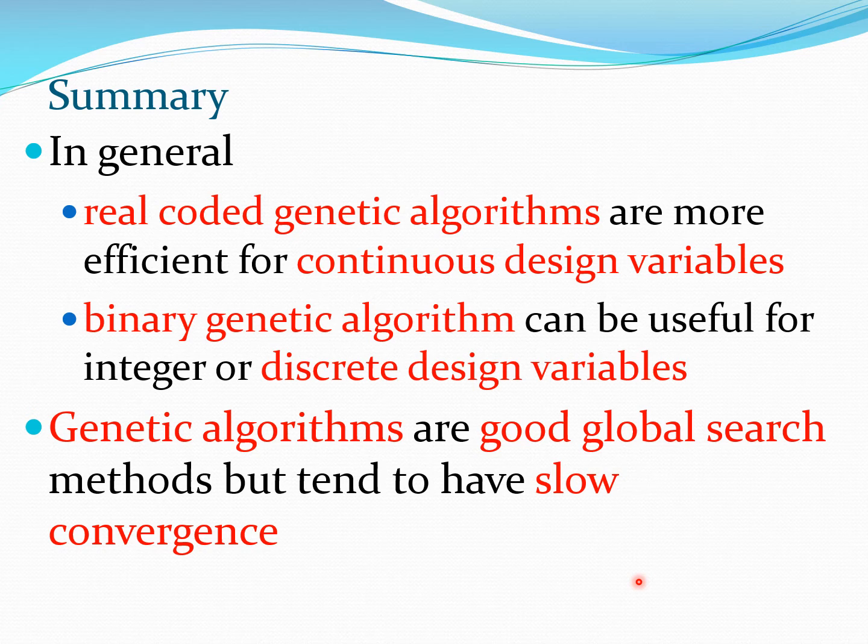Genetic algorithms are good search methods if you want to find a global solution, but one of the problems is they tend to be slow. You need to perform a large number of generations for this method, and also they are very dependent on the starting population, the selection of the string length in the case of binary GA, and also they tend to get stuck every now and then.